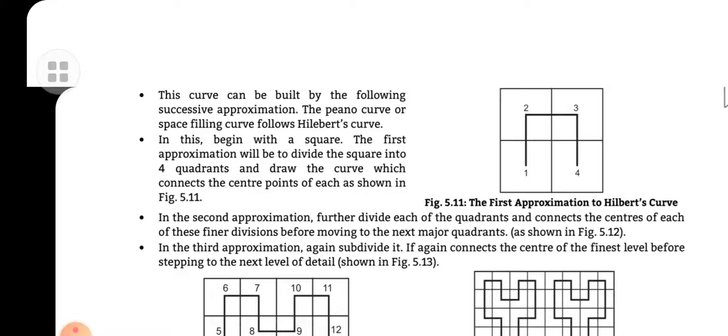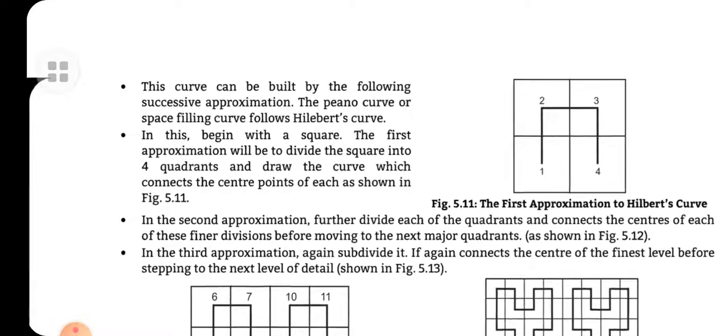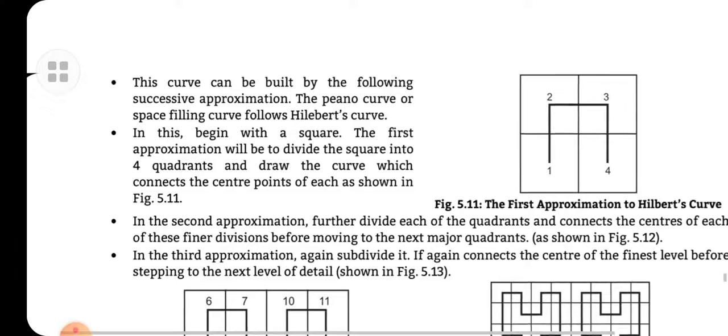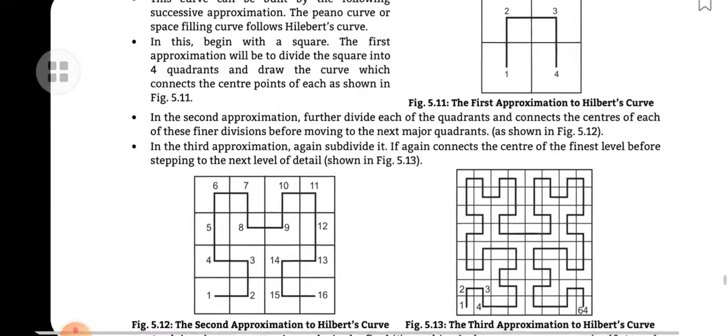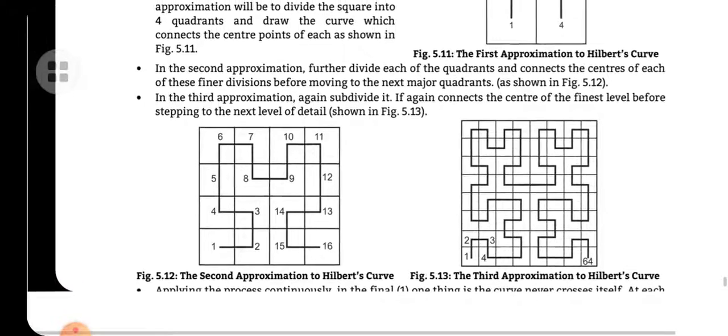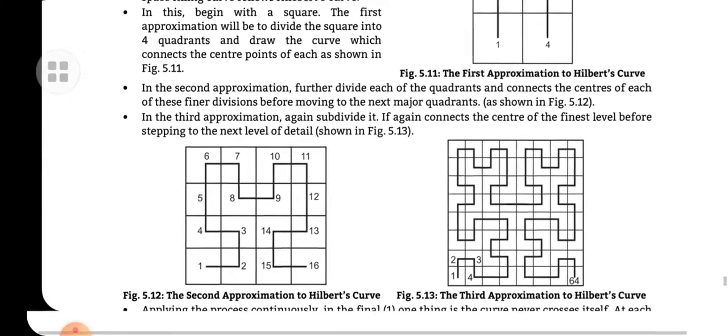And the Peano curve, or the space filling curve, follows the Hilbert's curve. Begin with a square. The first approximation will be to divide the square into the 4 quadrants and to draw the curve which connects the center points of each. And the second approximation is as shown in the figure.